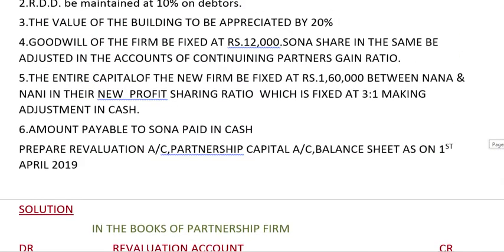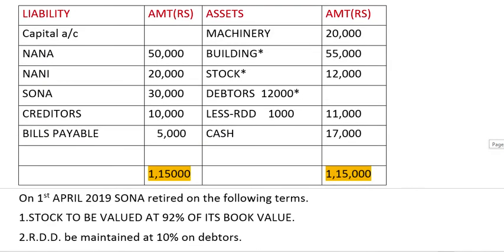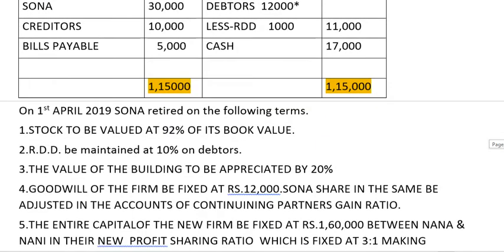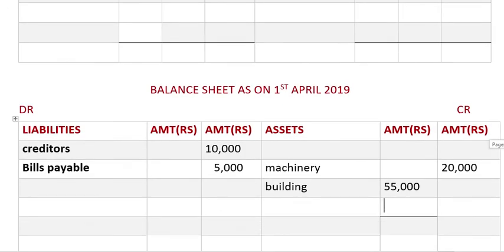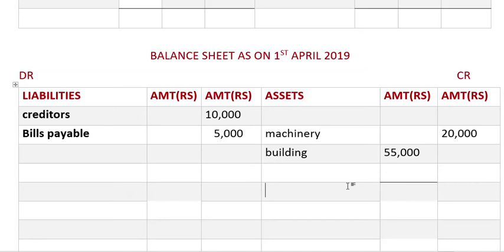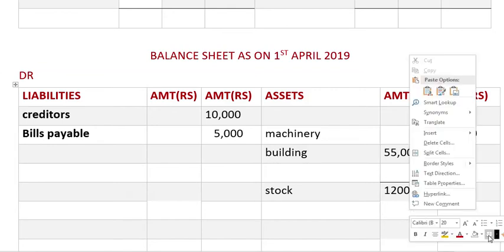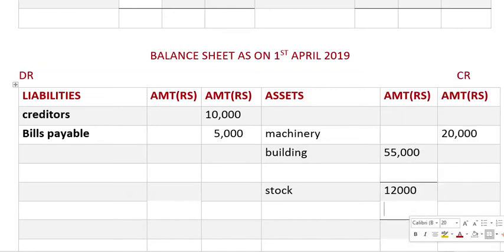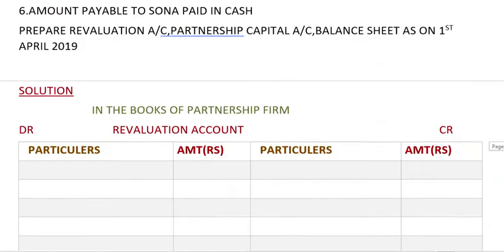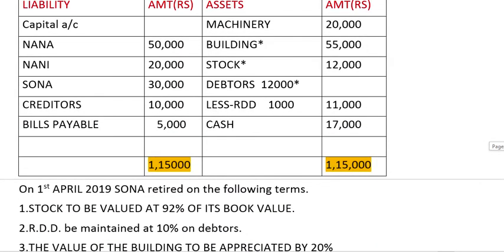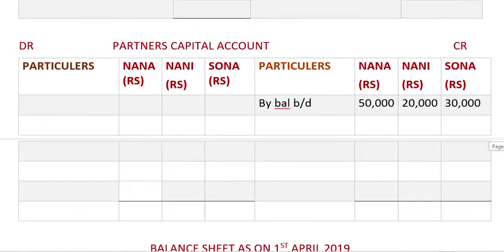Then after building, what's there? Stock 12,000. Again over here we'll write stock in the inner side 12,000, and we'll put one line. After stock, what is it? Debtors 12,000.